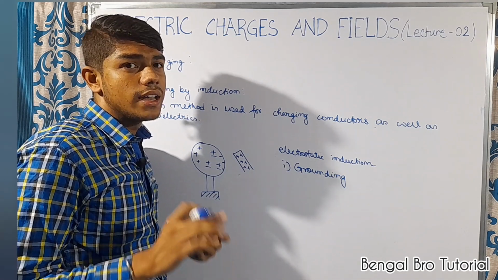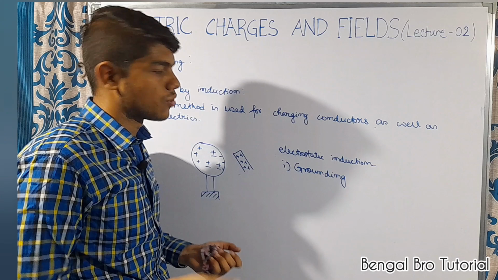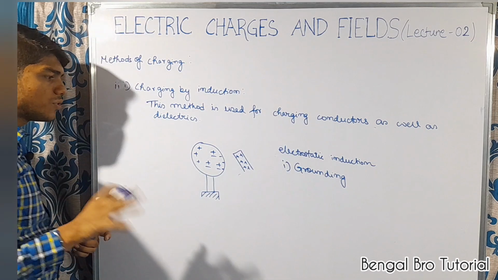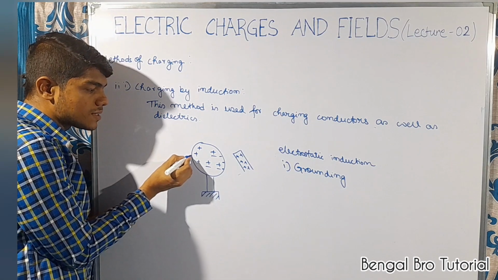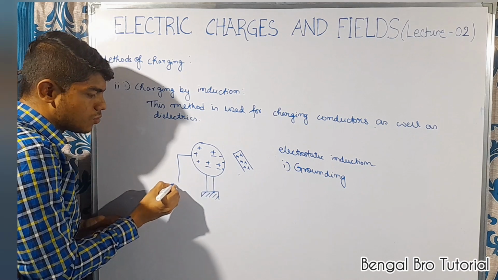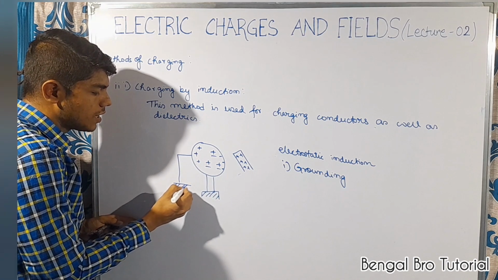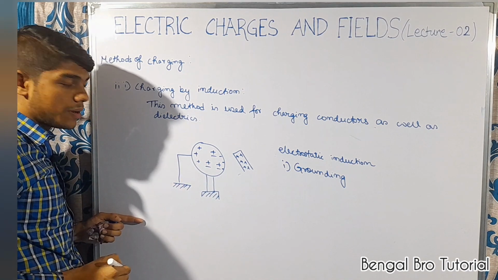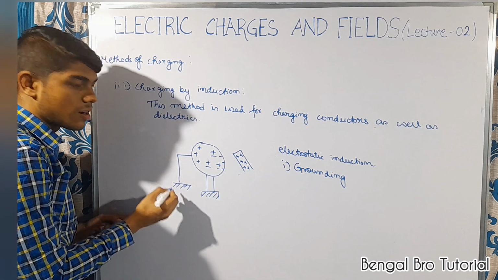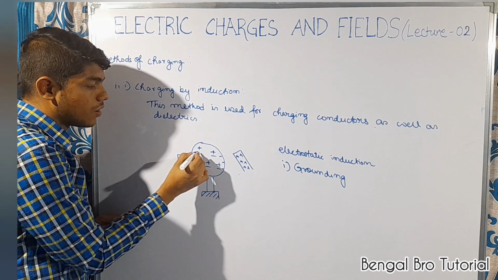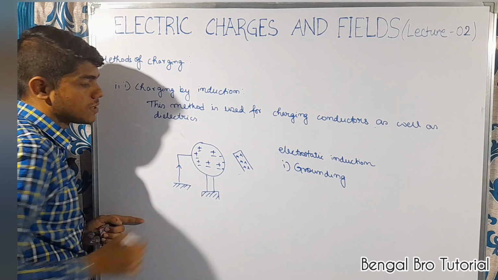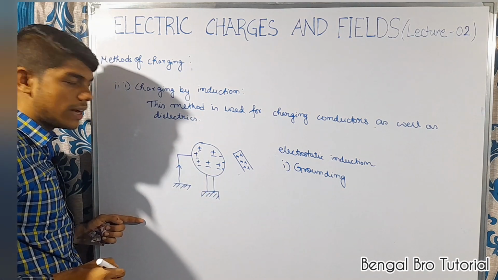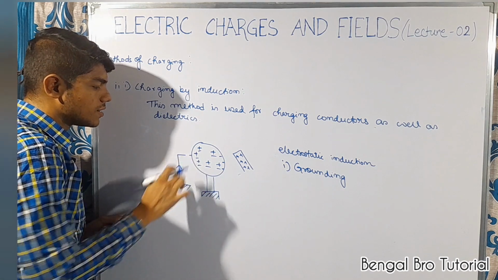Ground can provide a large number of electrons. So what we have to do is connect this neutral body to the ground by a conducting wire. What will happen? Then the electrons from the ground will travel and occupy these spaces. Alright, then we will cut this contact.